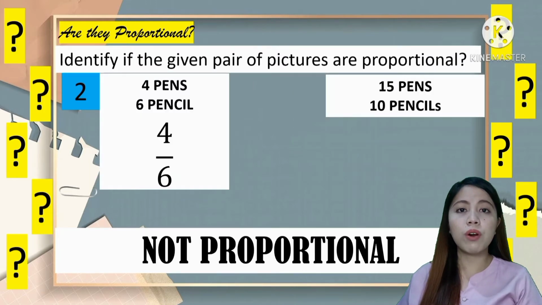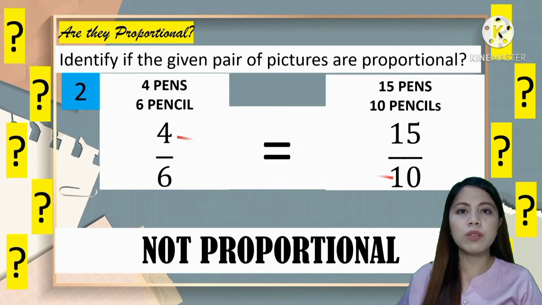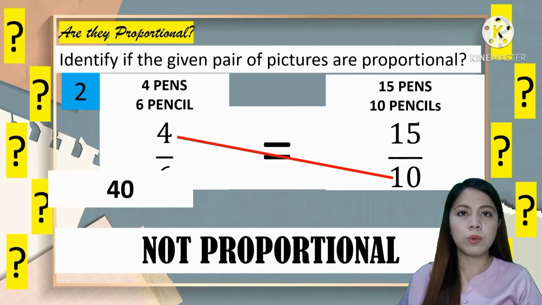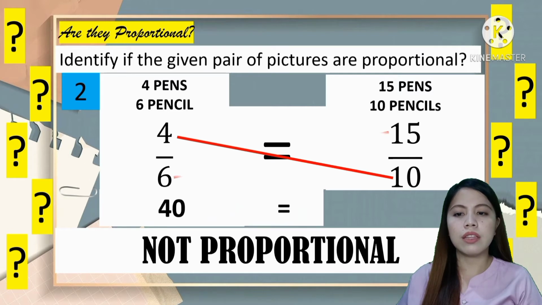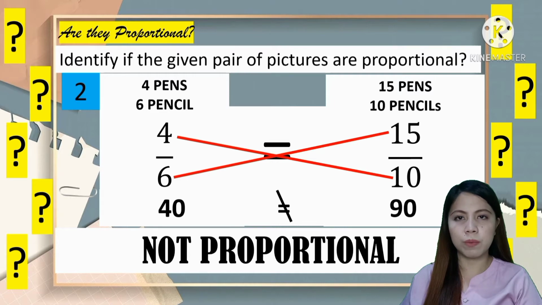He has here 4 over 6 and 15 over 10. By using cross multiplication method, we will multiply 4 times 10, which is equal to 40, and 6 times 15, which is equal to 90. Since 40 is not equal to 90, they are not proportional.